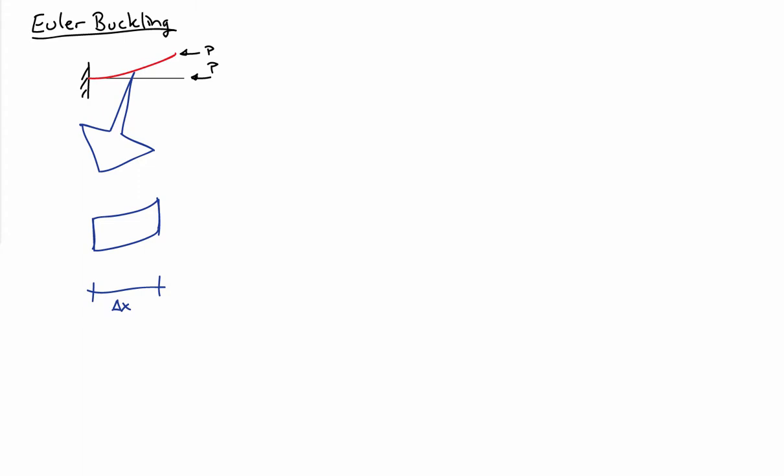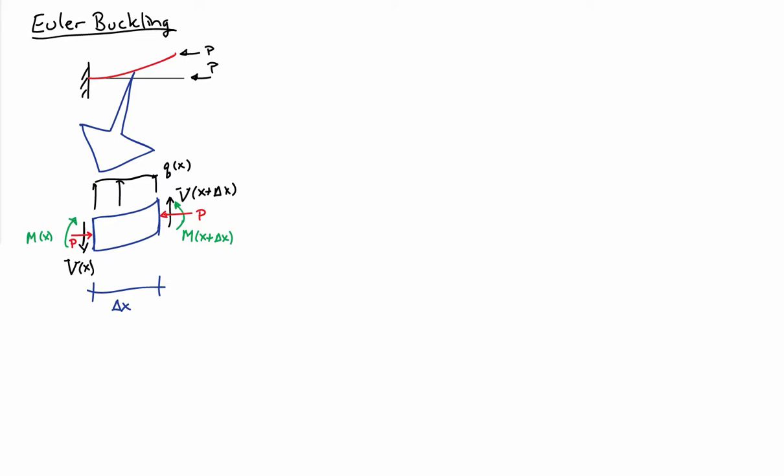We'll take that as length delta x, and now let's put on all the possible loads onto the system. First of all, there's possibly a distributed load on the system. Then we also will have the internal shears at both faces, V of x and V of x plus delta x. We have the moments on the two ends of the differential element, M of x and M of x plus delta x.